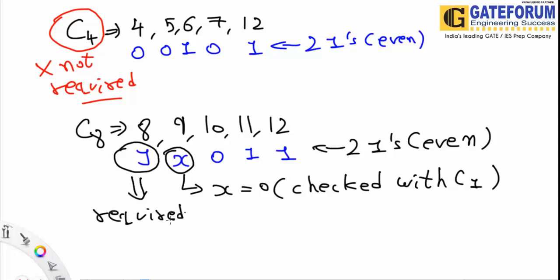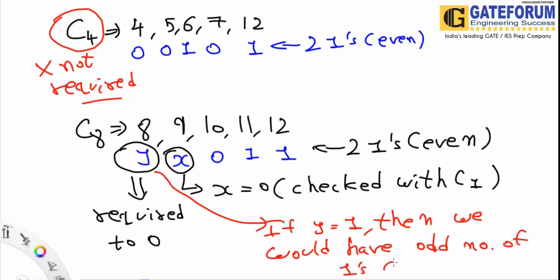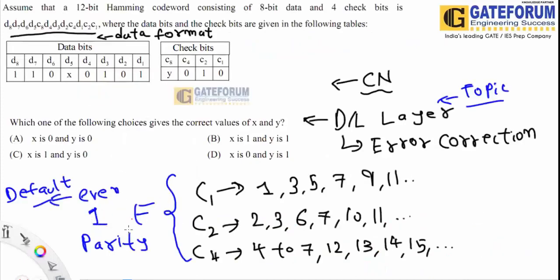Because if we keep it as 1, then we would have an odd number of ones, which will not suit our requirement, because we always have a default even parity.